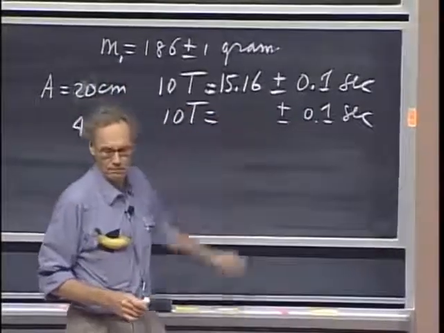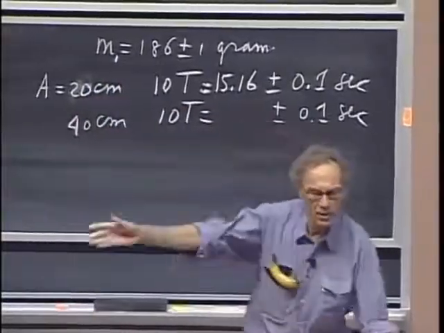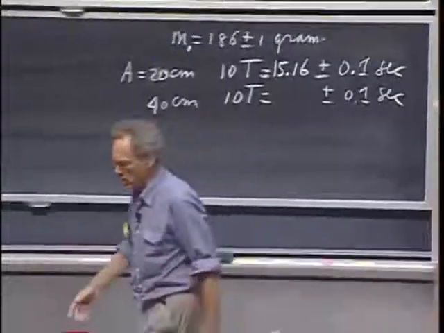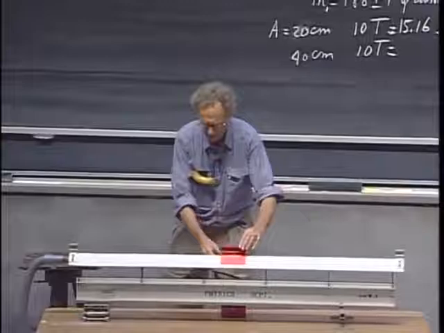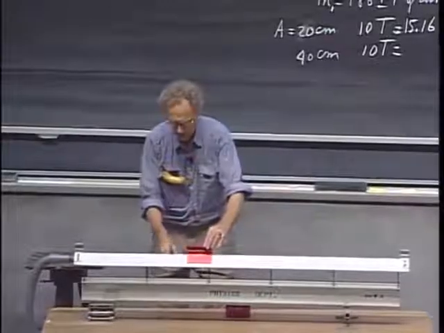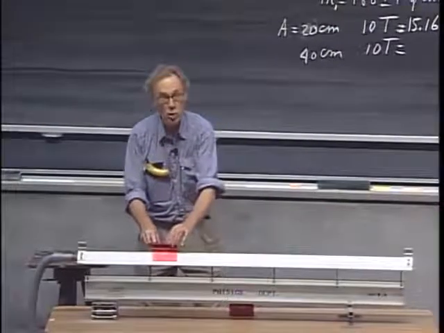By the way, you can derive the spring constant from this now, because you know the mass and you know the time. Now I'm going to give it a displacement, an amplitude, which is twice as high. So I make it 40 centimeters, a huge displacement.